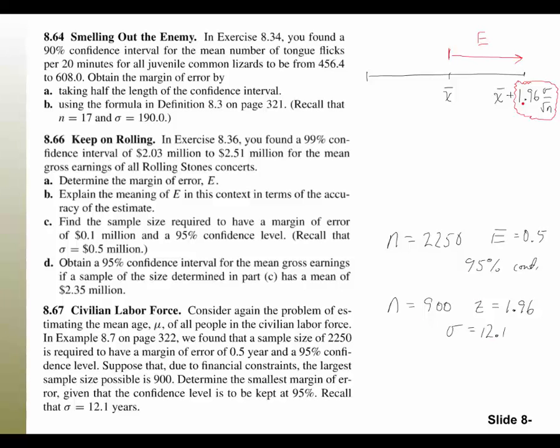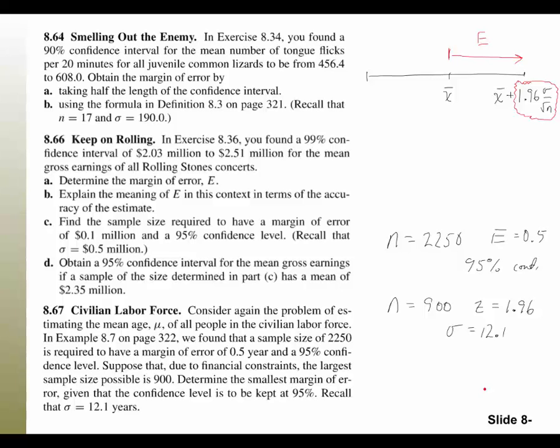And in these constraints, that's what the margin of error is. If you want a smaller margin of error, you need a bigger sample size, or you need less confidence. Does that make sense? You can't make this margin of error smaller with a sample of 900. You'd have to have a bigger sample size or relax how much confidence you have. Does that get it?